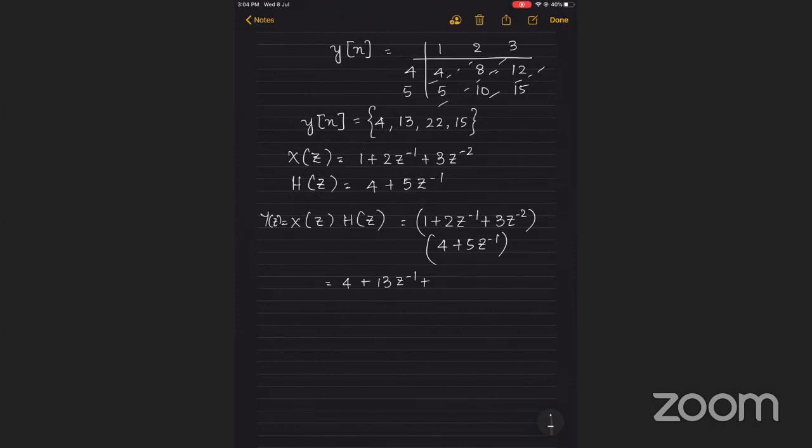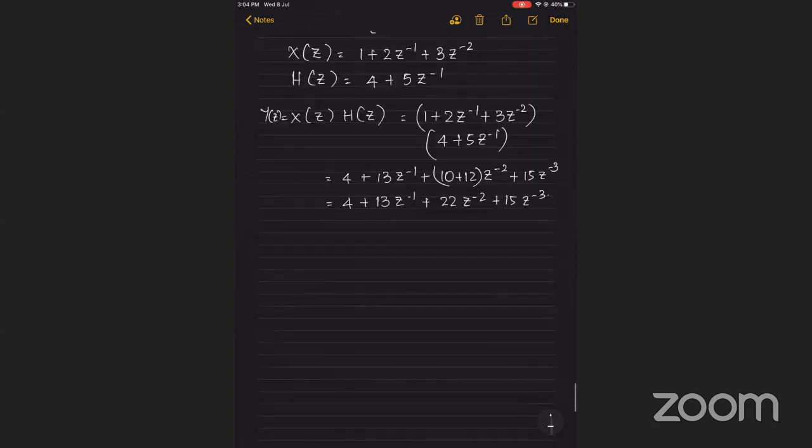Then I have 3z power minus 2 into 4, which is 12z power minus 2. So I'm going to have 10 plus 12, 22z power minus 2, plus 15z power minus 3. So we get 4 plus 13z power minus 1 plus 22z power minus 2 plus 15z power minus 3.